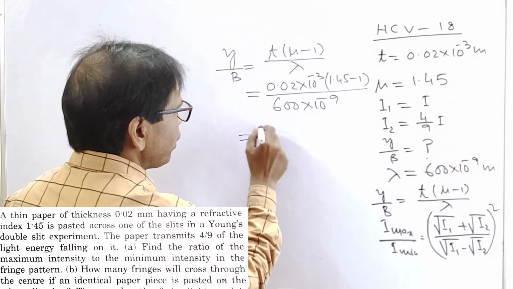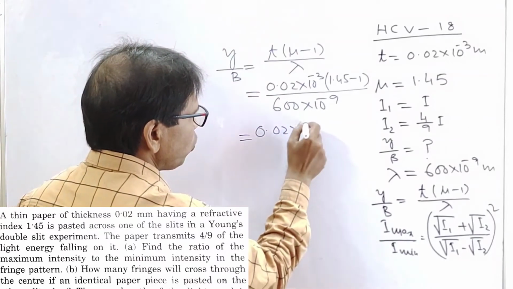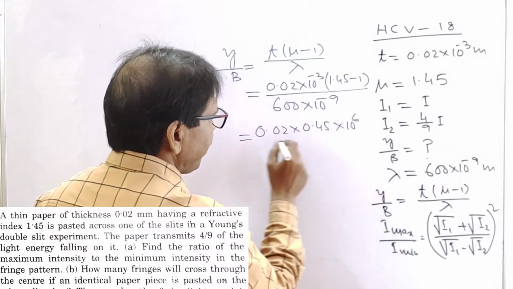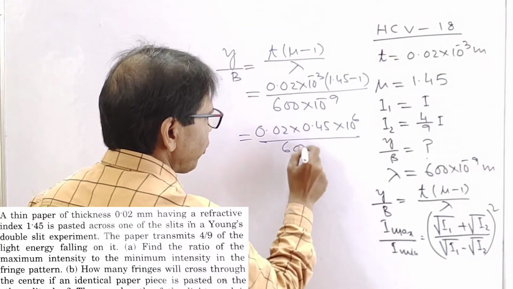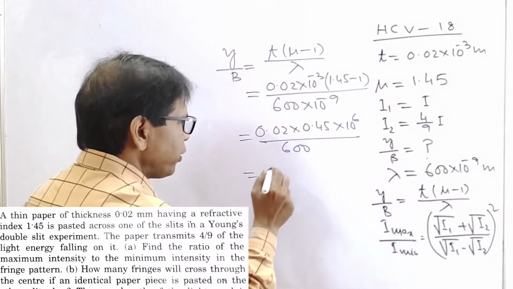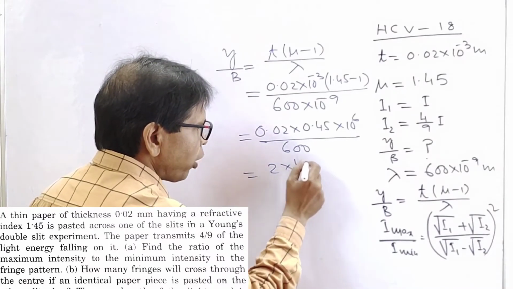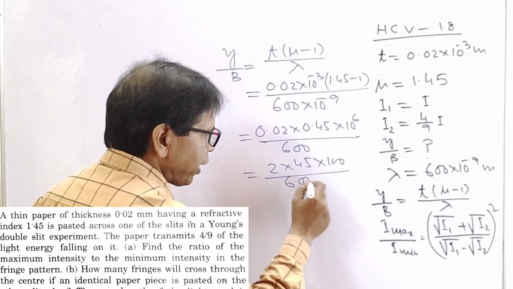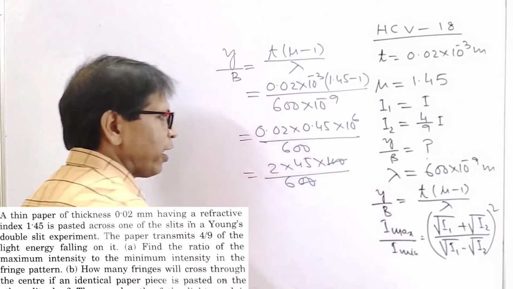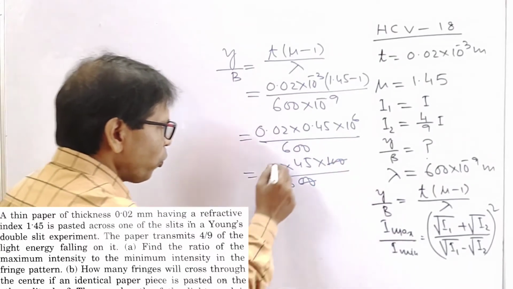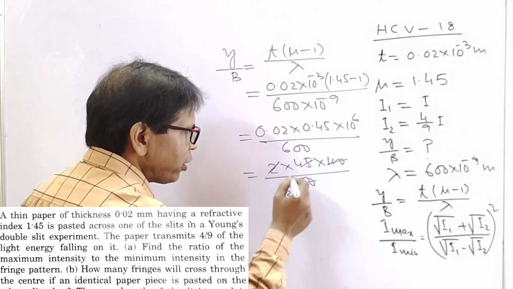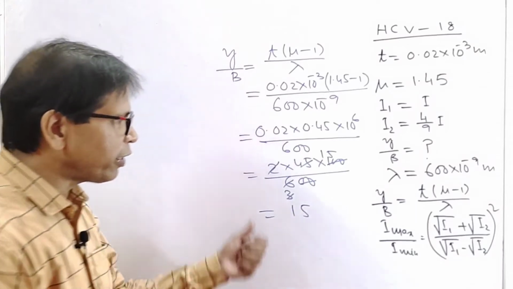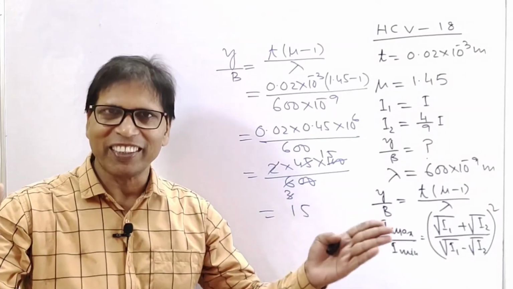So 0.02 into 0.45 into 10 to the power 6 divided by 600. Now this is 2 into 45 into 100 divided by 600. Now this and this cancel out. Now this is 3 and this is 15. So the number of fringes crossing the central fringe equals 15.